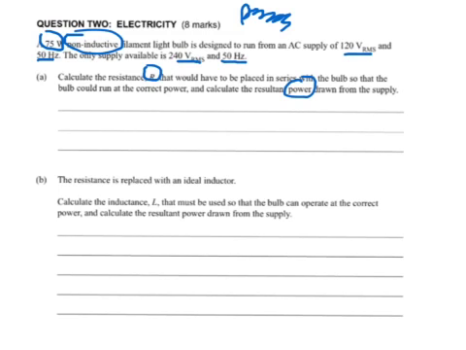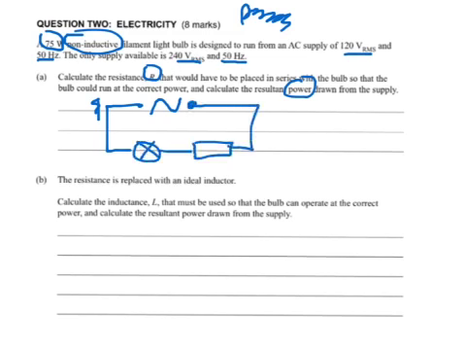So it makes sense that, well, it's a DC circuit, if this is our circuit here with our light bulb and our resistor, that we should have 120 volts across each.